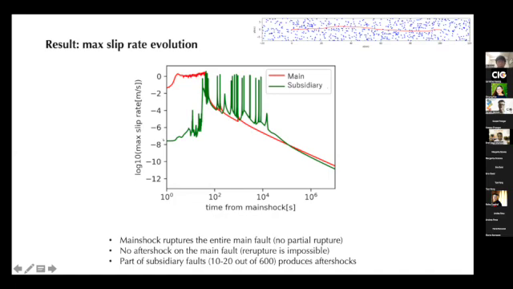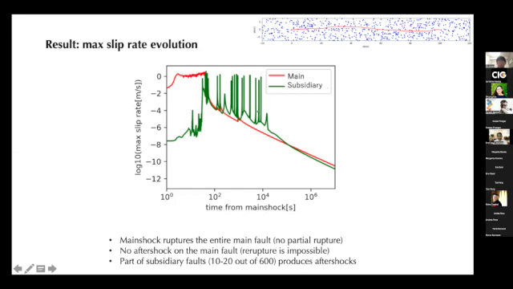And if you look at the green line, which is subsidiary faults, it's showing many spikes after the main shock is completed. Each spike corresponds to an aftershock happening at some subsidiary small fault.